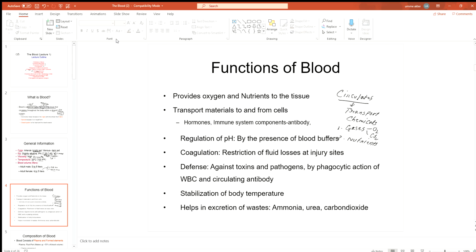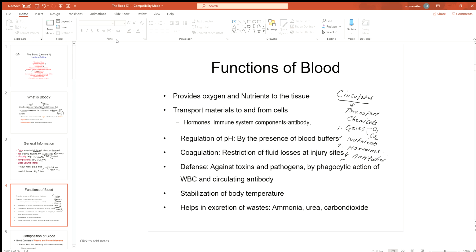molecules. Blood transports hormones from the glands to the target organs, right? So hormones. Blood transports antibodies to protect your body.